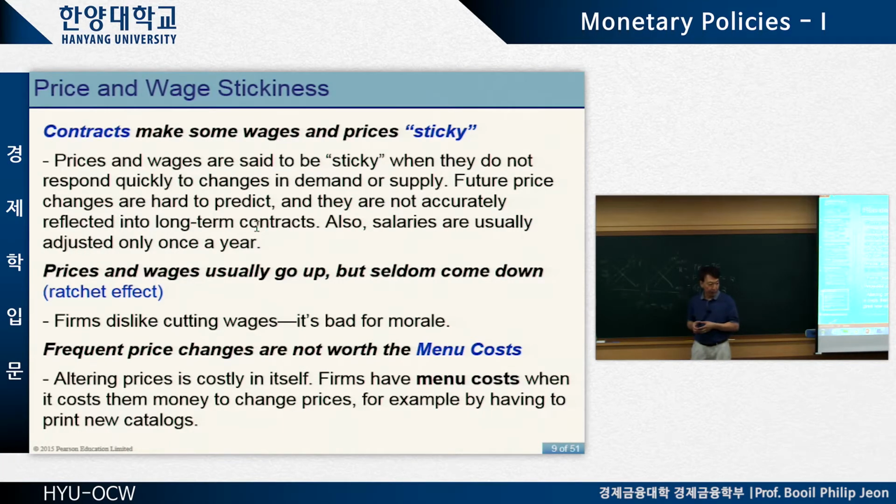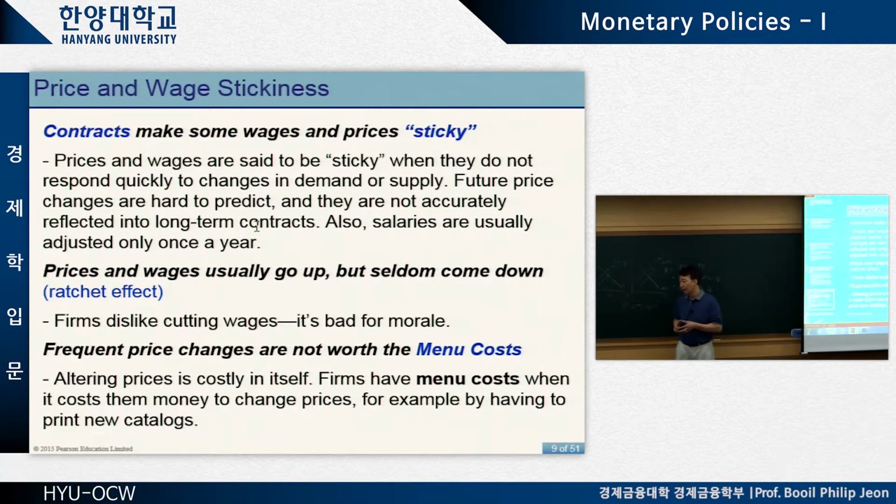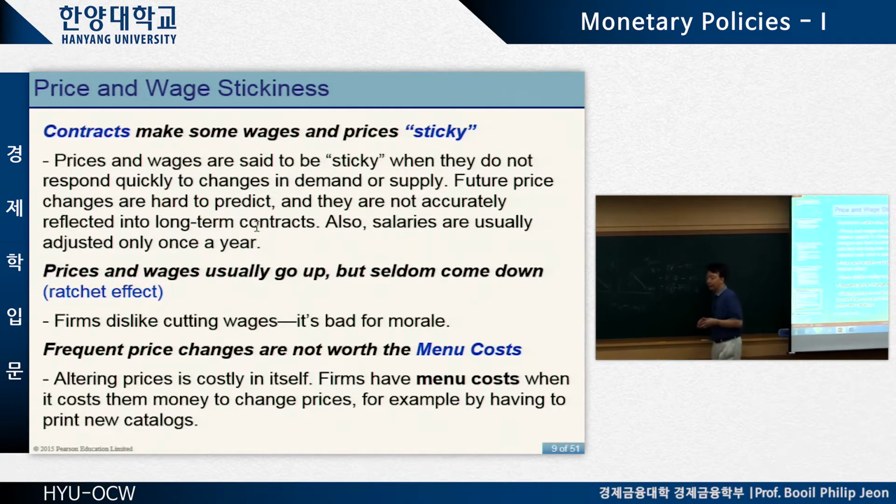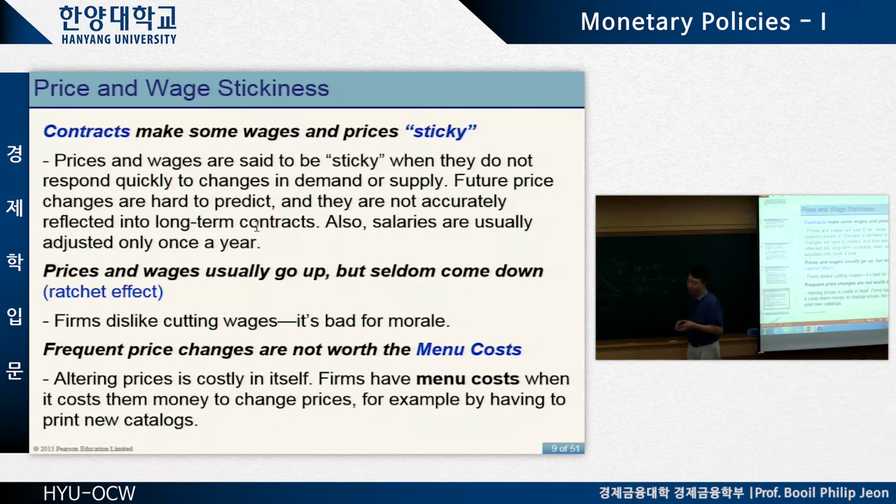But because that expectation cannot be perfect, even when things happen and there is a reason why the wage would rise or come down, the adjustment of wages will be slower. That's what the stickiness means.